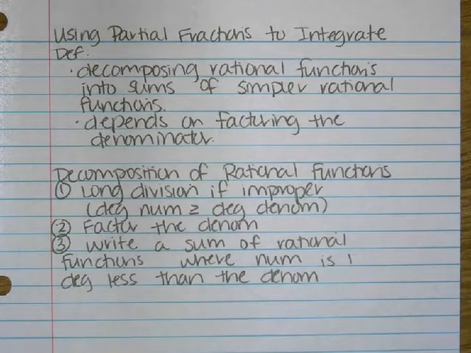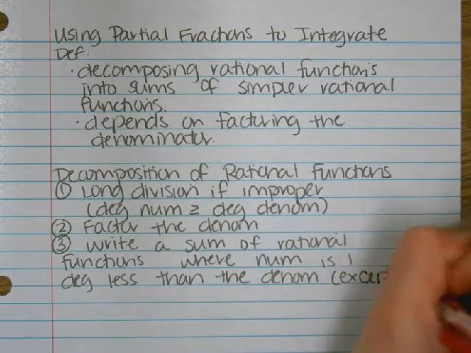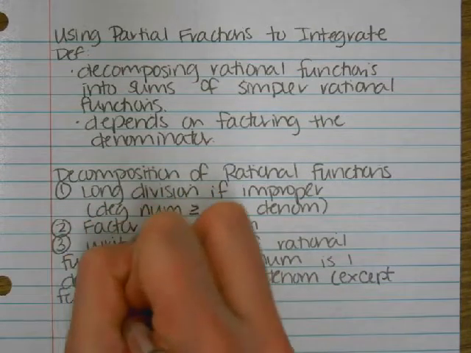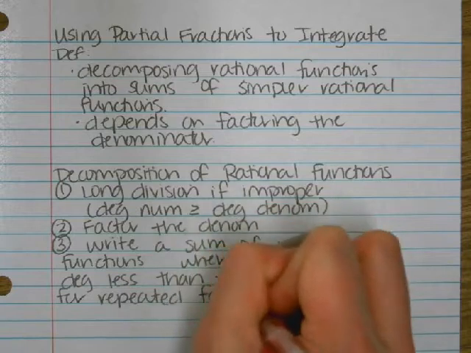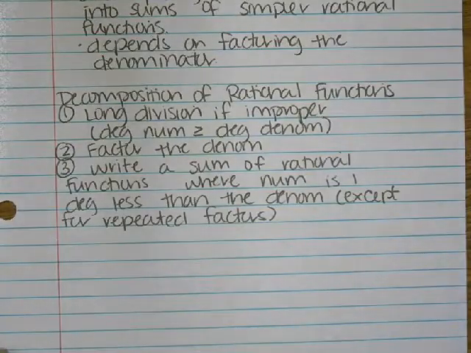And there is one exception to this, and the exception is if you have repeat factors. A repeated factor would be like, I factored the problem and it was x plus 1 times x plus 1 for the denominator. That would be a repeat factor because you have x plus 1 squared.